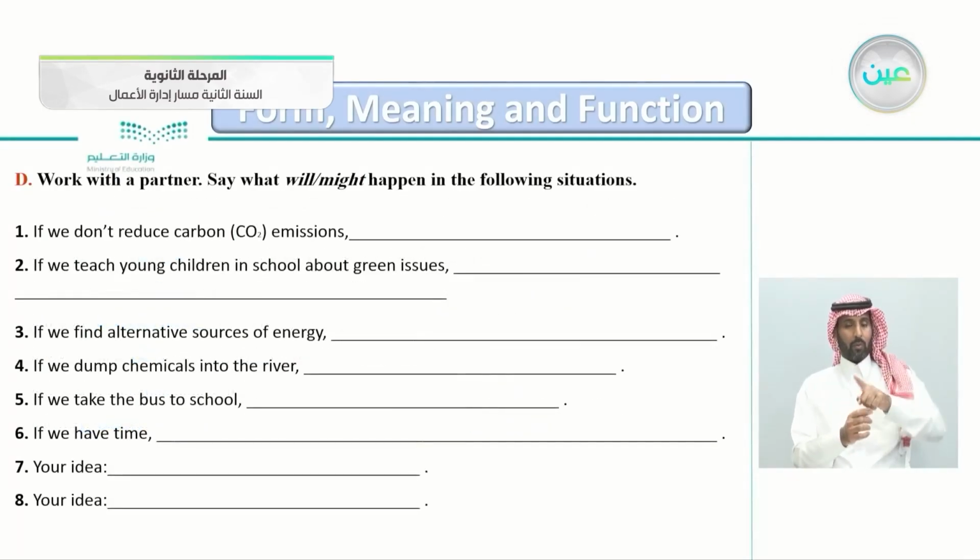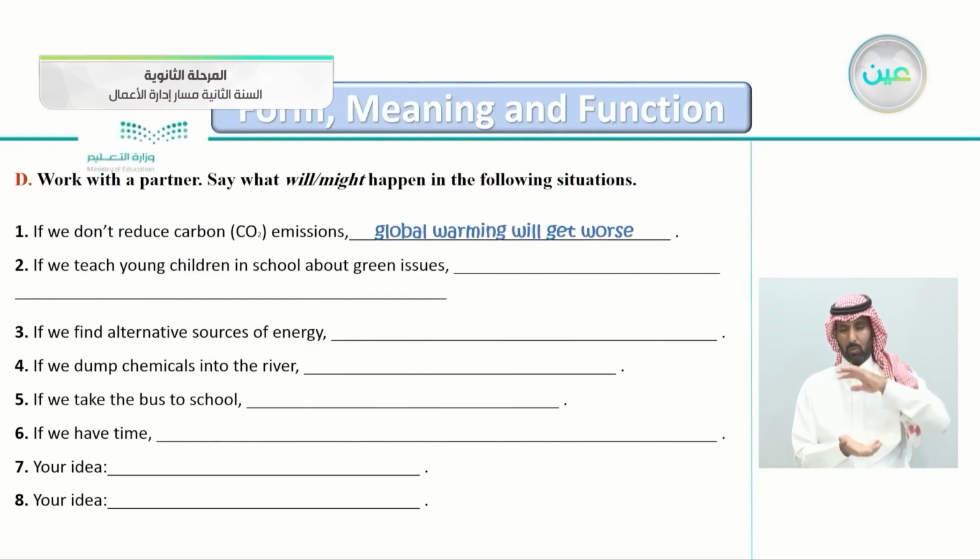Exercise D here. Work with a partner and say what will or might happen in the following situations. If you don't reduce carbon emissions, you can, of course, continue this by yourself. For example, I wrote in the first one, if we don't reduce carbon emissions, what will happen?